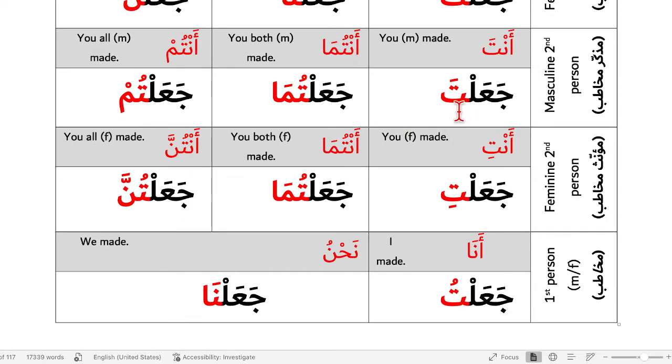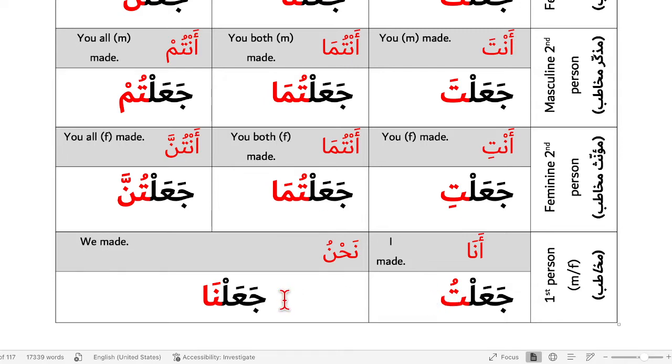So abatta, we were doing a verb for abada. Abatta is for anta, you worshipped. Abattuma, you both worshipped. Abattum, you all worshipped. Abatti, you feminine worshipped. Abattuma, both of the feminine, you worshipped. Abattunna, you all feminine worshipped. Abadtu, I worshipped.